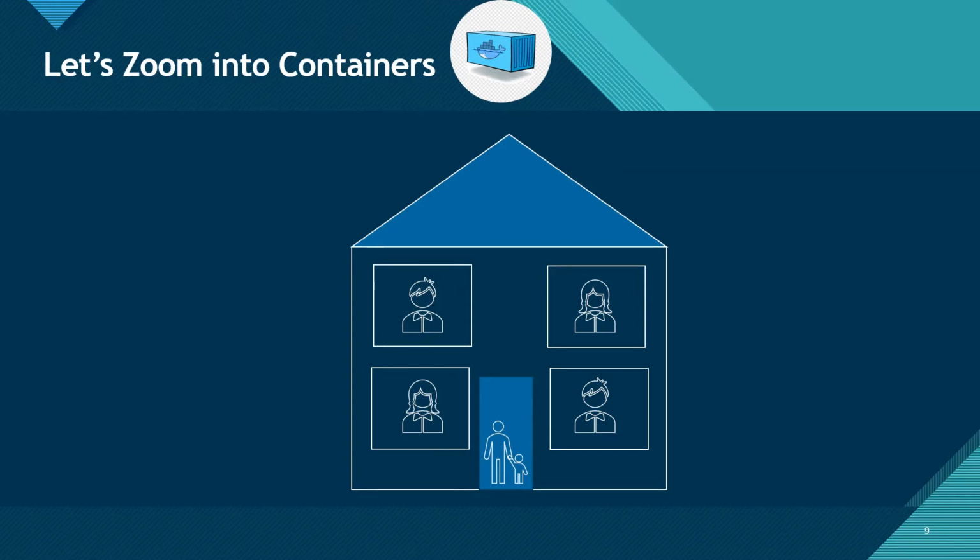A parent can see the whole pictorial view of the house, what resources their son and daughter are using inside that room, and they ensure there is no resource conflict arising when their daughter and son use the resources of that house.